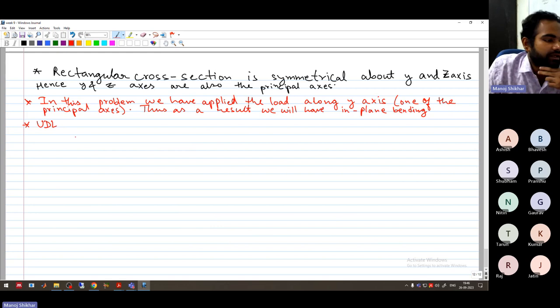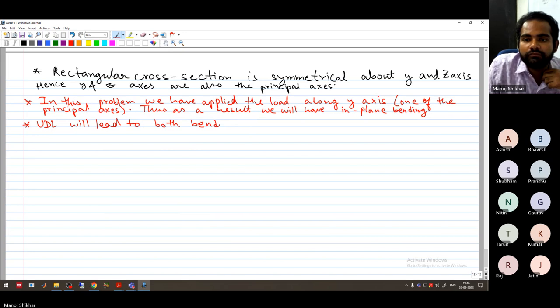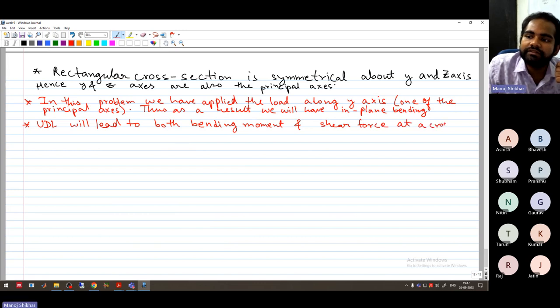Now the UDL we have applied will lead to both bending moment and shear force at a cross section, which we have already seen.